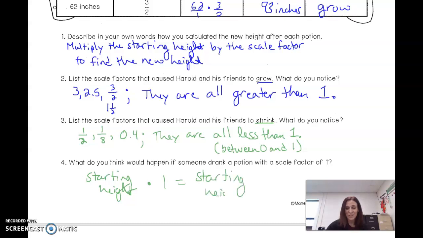Whatever the starting height is, if we follow the process, it's going to stay the same. So we're going to say stay the same height. Again, in the next video, we'll get into the specifics of a dilation, but dilations are going to involve scale factors. They're going to make our figures grow or shrink depending on that scale factor.